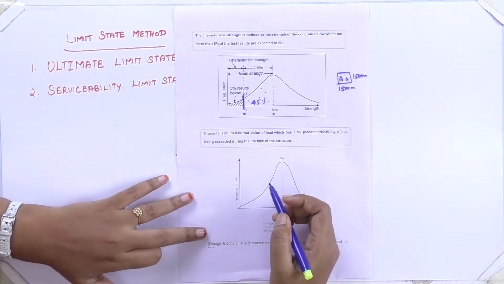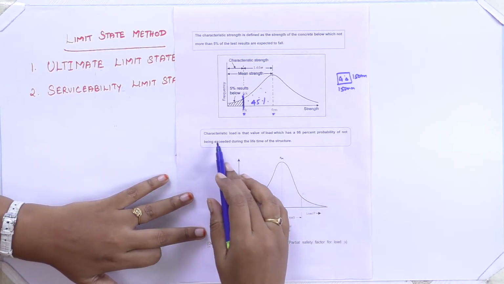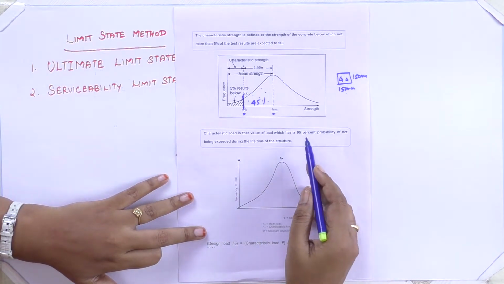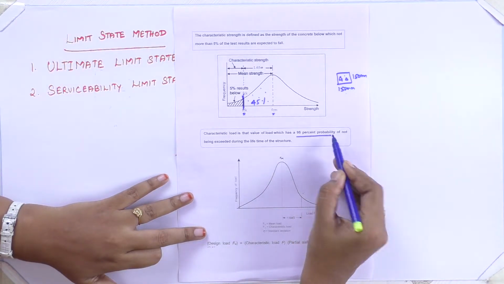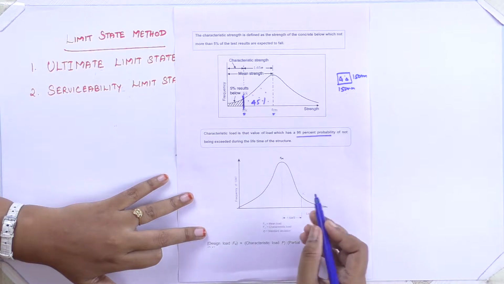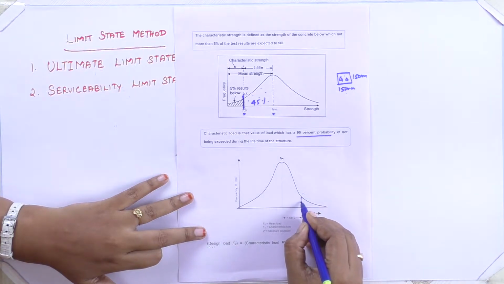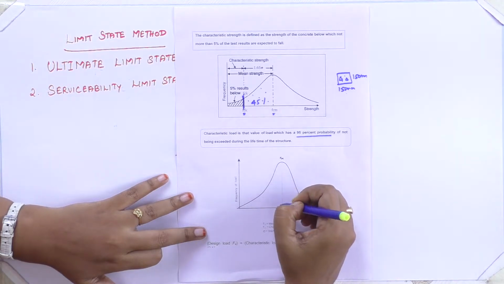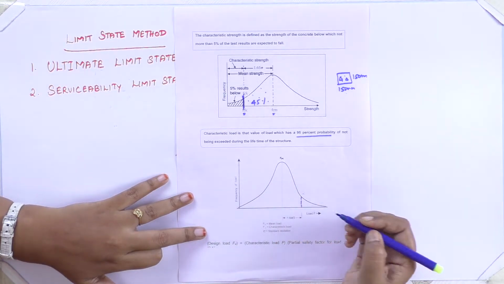Then what is meant by characteristic load? Characteristic load is that which has a 95% probability of not being exceeded during the lifetime of your structure. This is your mean load, and this is your characteristic load.